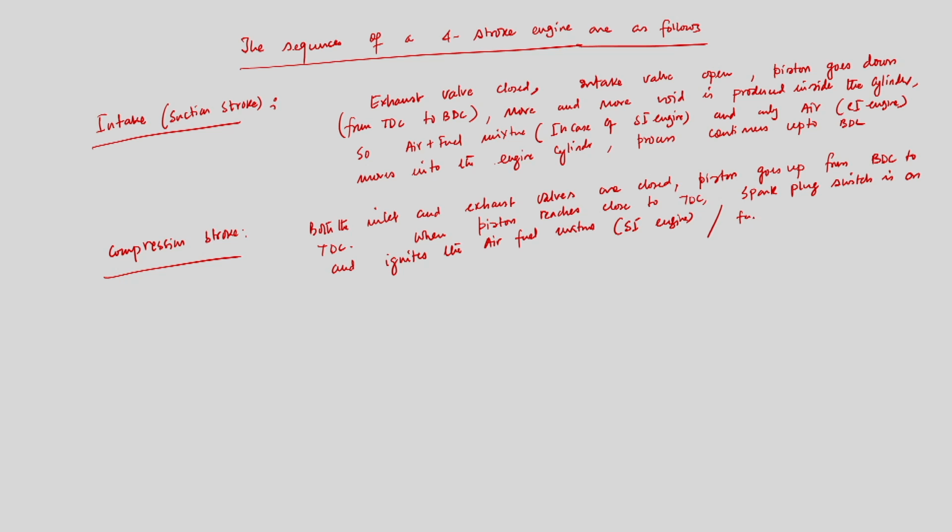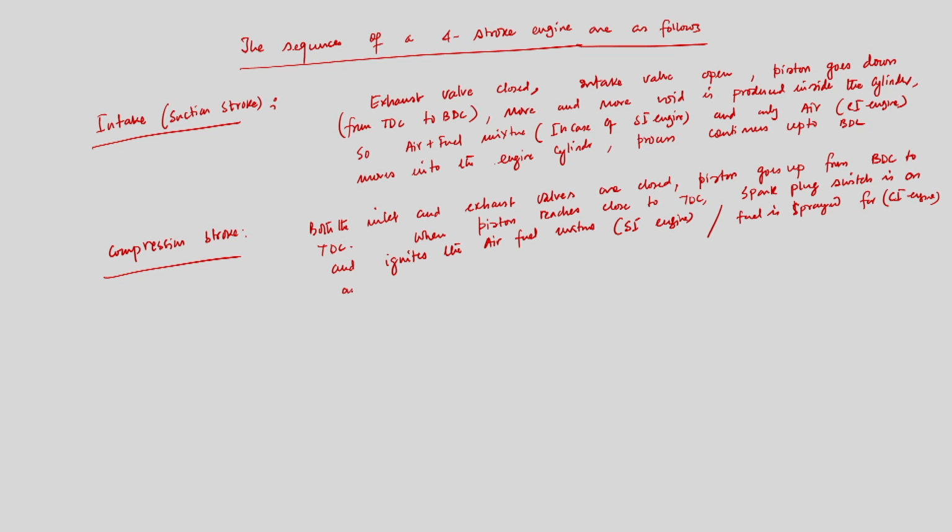And fuel is sprayed for a CI engine. So, the piston goes up from BDC to TDC, reaches close to TDC, the spark plug switch is on and ignites the air fuel mixture in case of an SI engine.